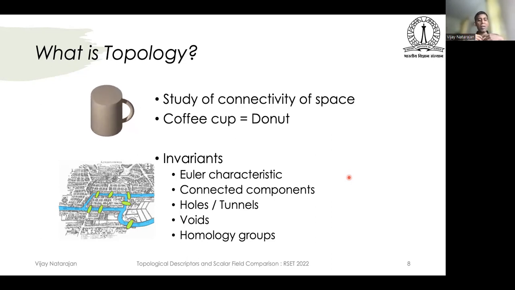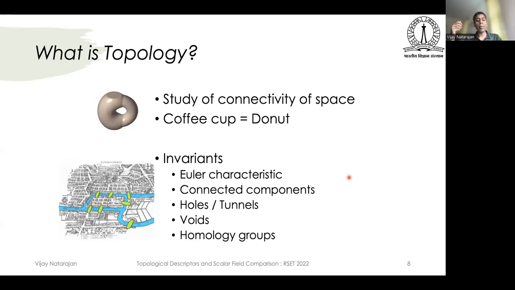The invariants can be very simple, your Euler characteristic or number of connected components that you may have studied in graph theory, to more sophisticated invariants, such as the number of holes or tunnels in higher dimensions, and in one dimension higher, the number of voids that are enclosed. These are invariants that help us distinguish between different spaces.